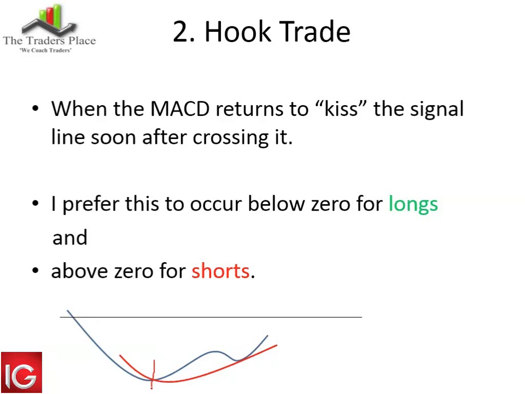It pulls back and just touches the moving average. Okay, that would be called a hook trade. I want it to occur below zero for the longs and above zero for the shorts. In other words, if the MACD is just messing around at the zero line and I get a hook trade, I'm not really interested. I would like the MACD to have been quite low before looking at the long.